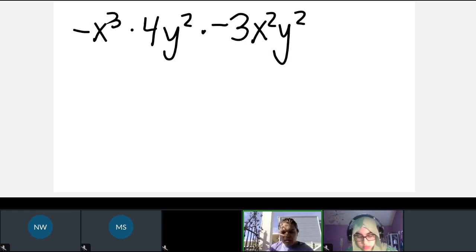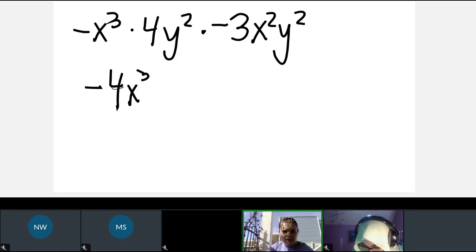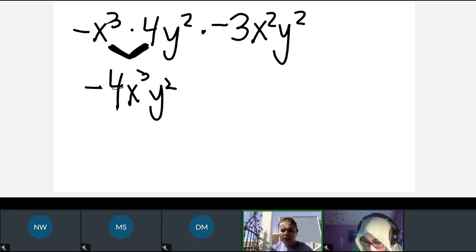So -1 times 4. That would be -4. Oops, let me make that bigger. -4 x to the third y squared. Okay, this is the answer I got when I multiplied those two terms together. Now I'm going to rewrite the rest of my problem.